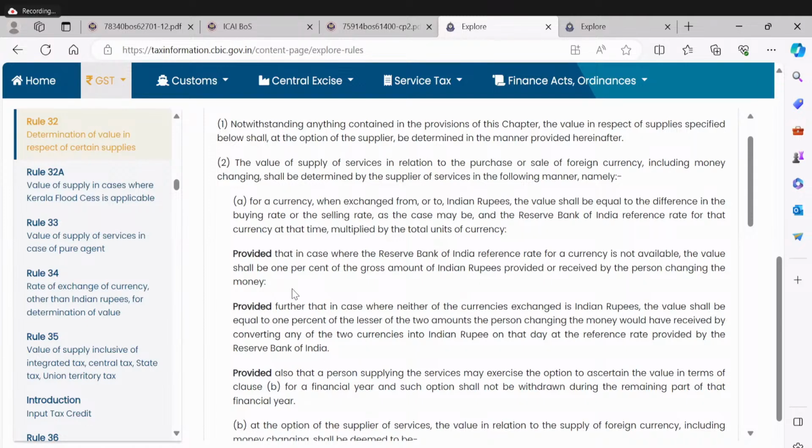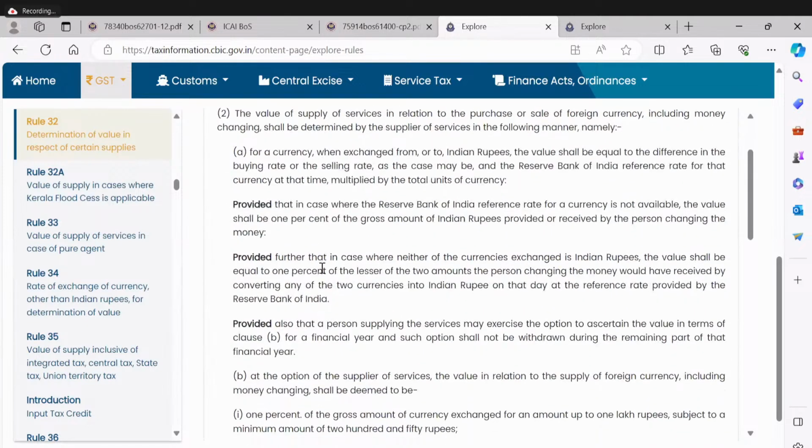Now, however, there could be a case where this RBI reference rate is not available. One of the currencies being exchanged is Indian rupees, but the RBI reference rate for that currency is not available due to certain reasons. Then the value shall be 1% of the gross amount of Indian rupees provided or received by the person changing the money.